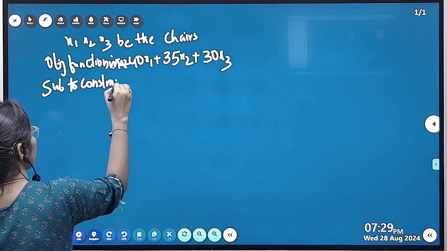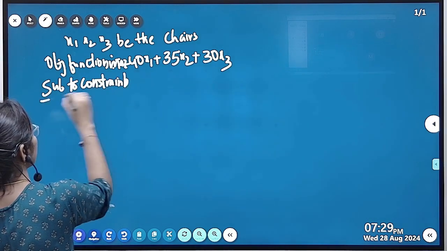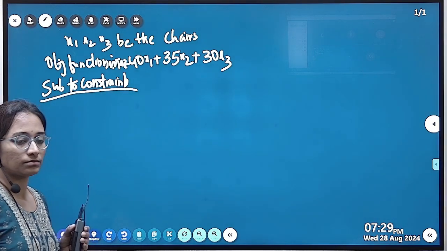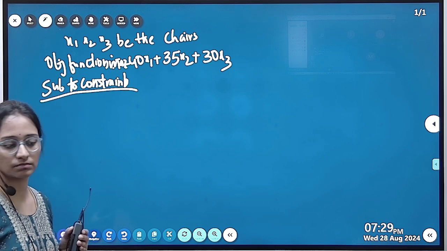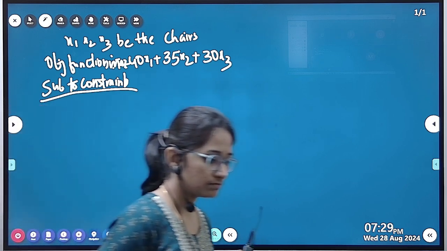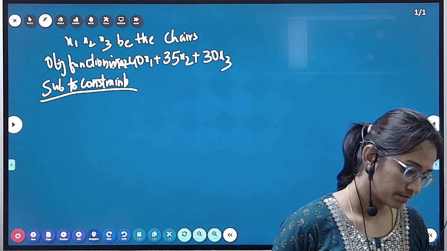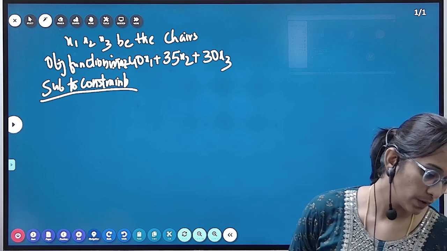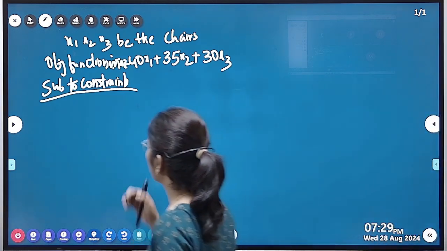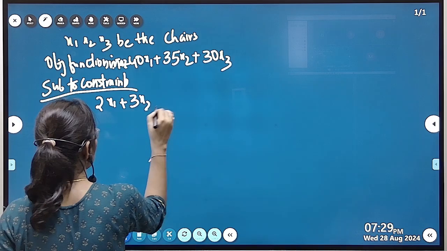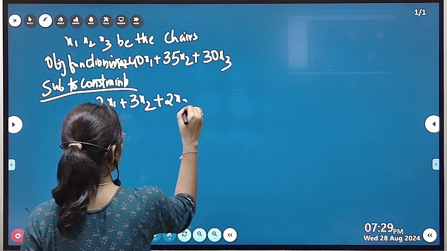So now you tell me, I will write. Tell me fast, what are the subject to constraints? What is the constraint in the first year? 2x1 plus 3x2 plus 2x3.